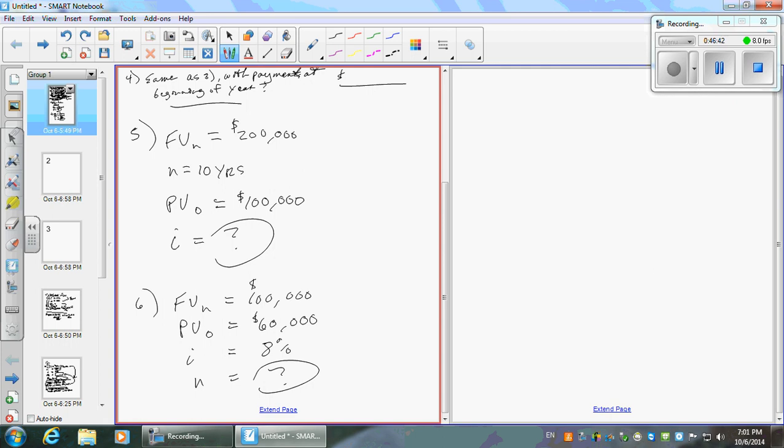Everybody got their answers? You need to use the tables, you use the calculator, calculate. Better have the right answer. Tables are kind of a pain because you have to interpolate on the tables.